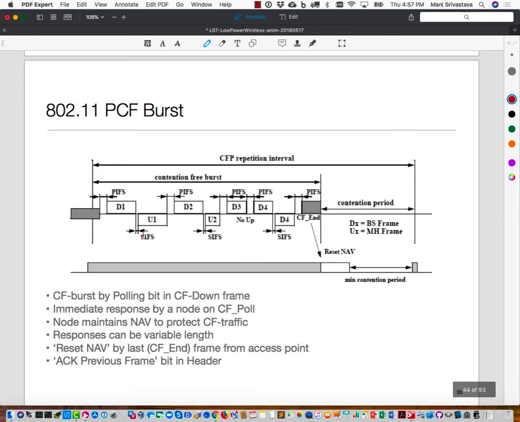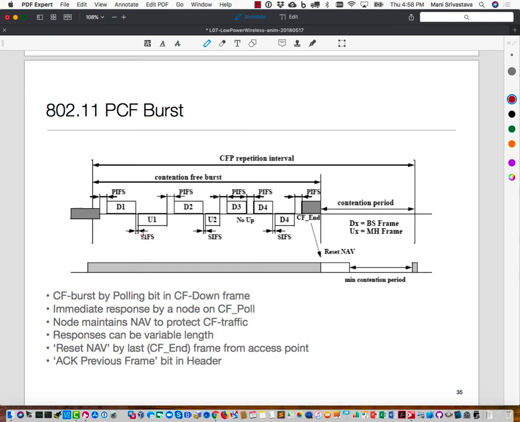And now what happens is, during the PCF region, that contention-free period, you basically have time set aside when you can pre-assign radios to have times when they can send stuff. There are many ways you could do it, but one of the approaches is that at the beginning you can basically say I'm going to talk to A and C, and I'm going to talk to them at these times.